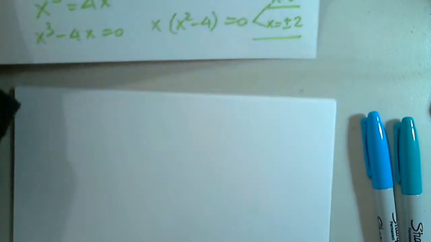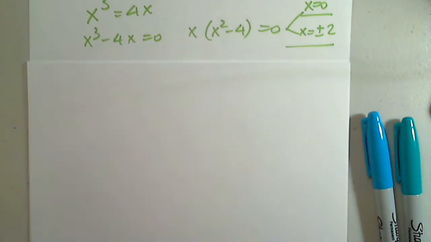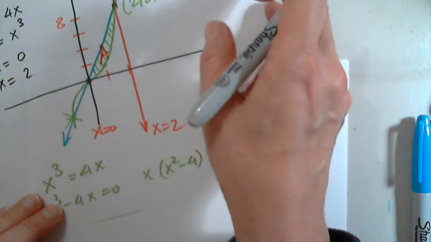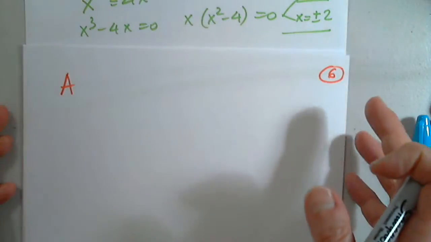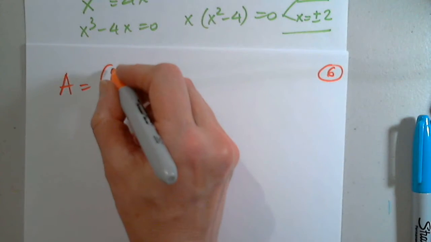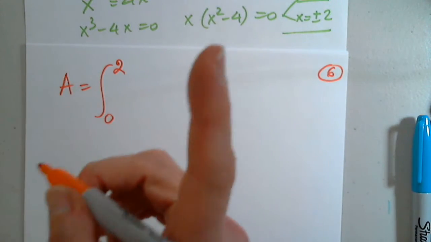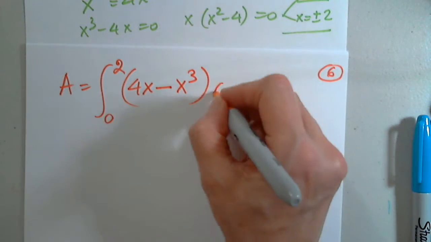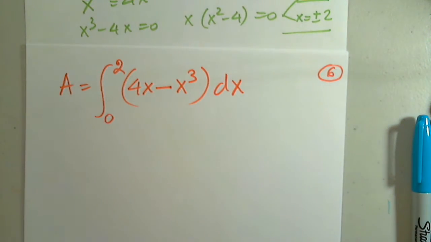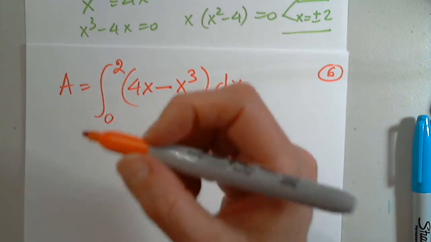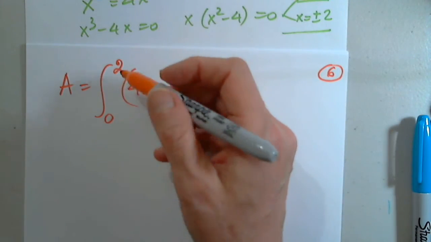So the area is the integral from the points of intersection 0 to 2 of the upper function minus the lower function, dx. So please do not write the integral without the dx. And if it's a definite integral, please always write the limits of integration.